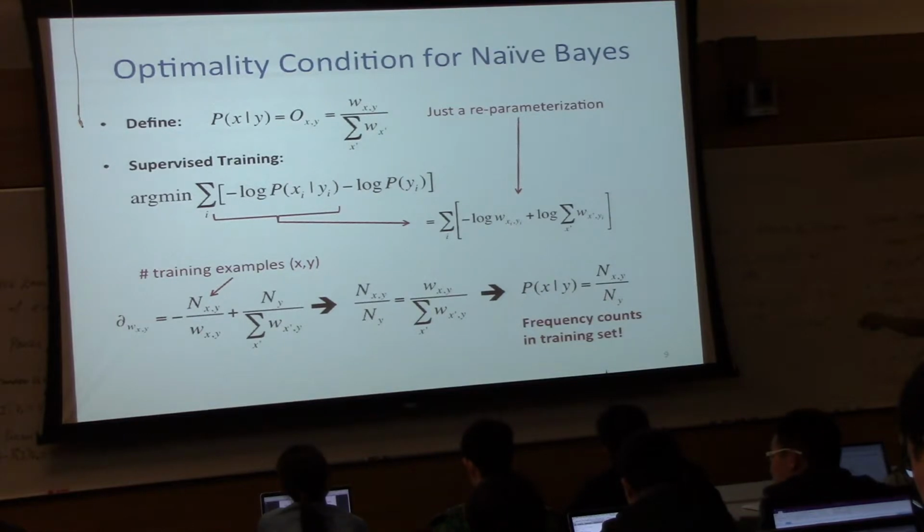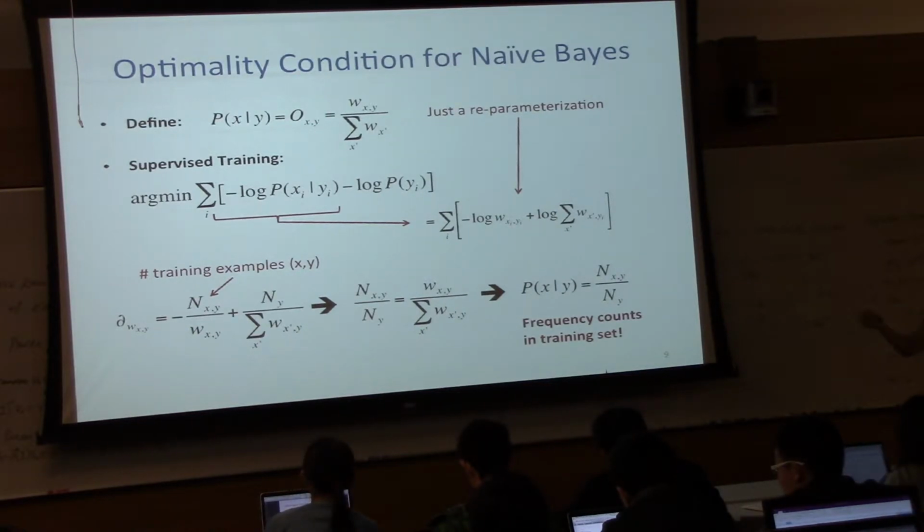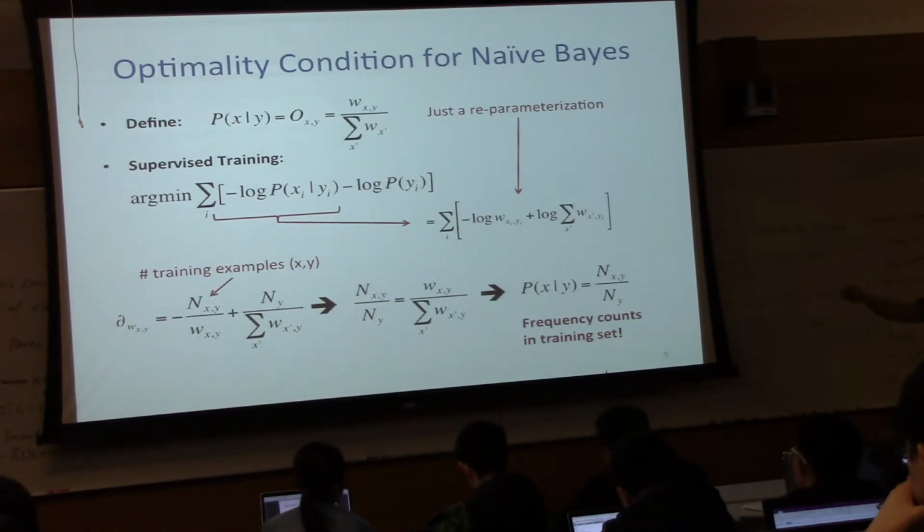At optimality, that probability needs to match the empirical probability of our training set. That is a necessary consequence of the optimality condition of training in a naive Bayes model. The optimal solution to this optimization problem requires that this condition be satisfied.